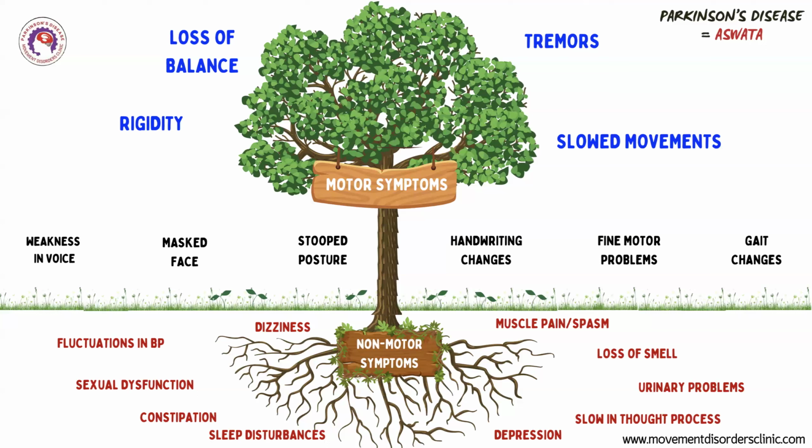You take any system of the body, you have a symptom in relation to that. So it's a cluster of pure motor symptoms and non-motor symptoms, which together we classify as the whole picture of Parkinson's disease. This is what you need to remember, and not just see Parkinson's disease from the perspective of tremor, stiffness, and slowness.